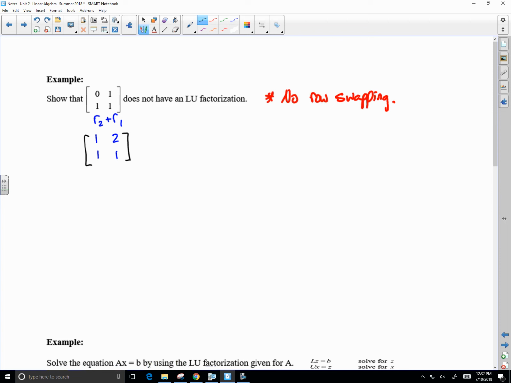If we could swap the rows, we would actually be pretty much done, but we can't. So we have to do other operations. Another possibility would be something like negative R1 plus R2.